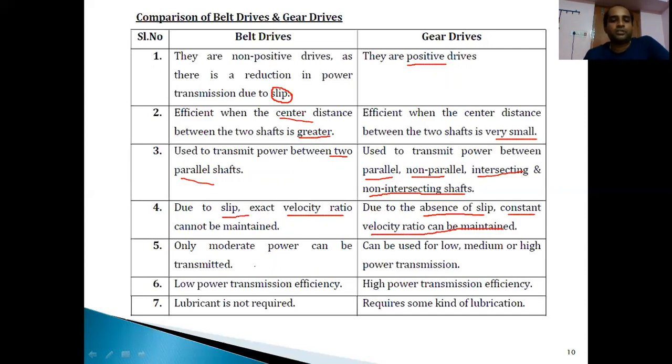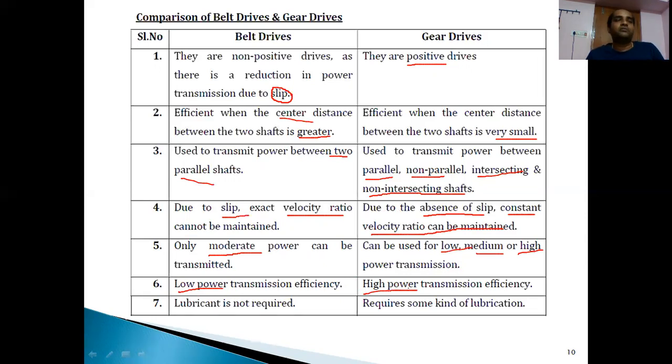In the belt drives, you can transmit power only of moderate type, whereas you can transmit low, medium, as well as high power also. Now, if you go for the power transmission efficiency, in the belt drives we have low power transmission efficiency, but for the gear drives, we have high power transmission efficiency.